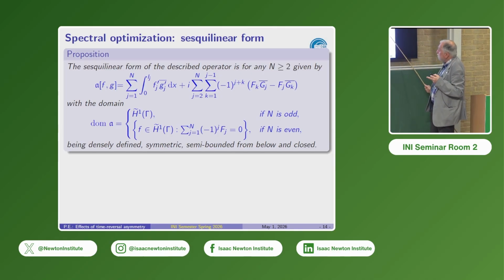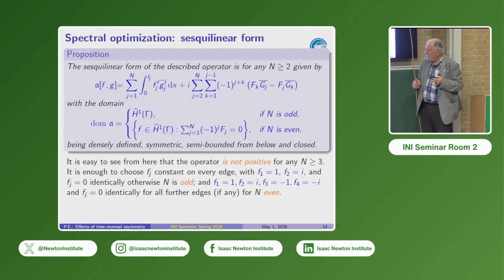If the number of edges is odd, then the domain is just the first Sobolev space. As I said, the tilde means without the continuity, just Sobolev on each edge separately. While in the case of an even number, you have the same thing, but with an extra condition, such that the signed sum of the values must vanish.